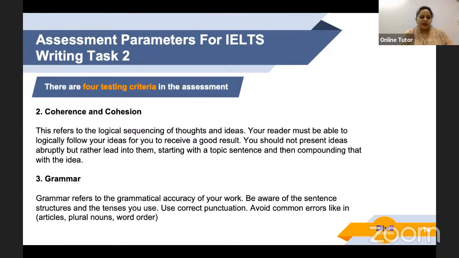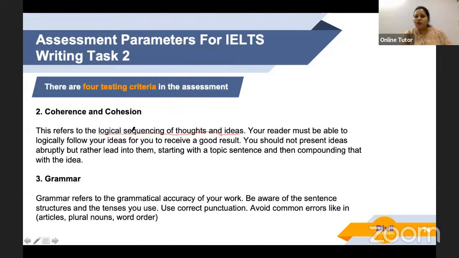Okay. The second parameter for testing your IELTS essays is coherence and cohesion. Coherence and cohesion refer to the logical sequencing of your thoughts and ideas. You cannot just haphazardly present your points.